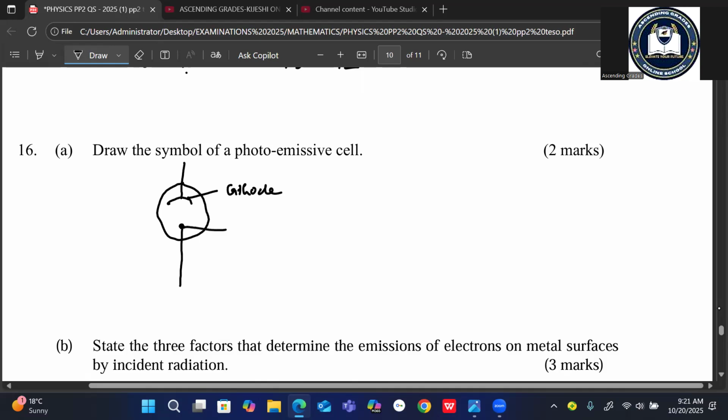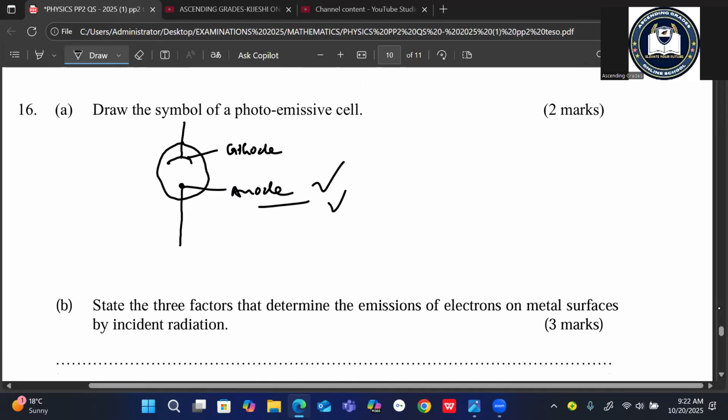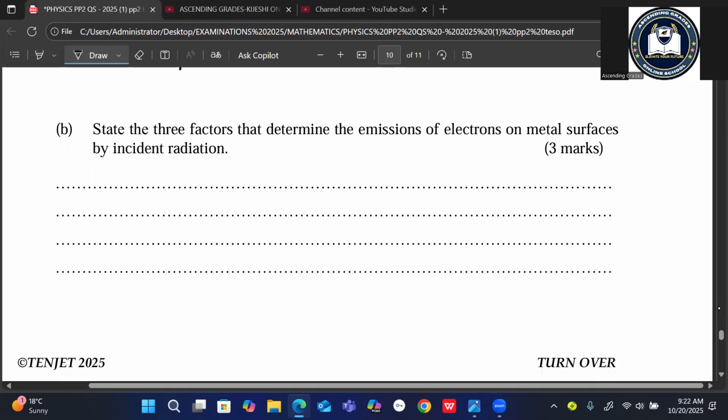This is the anode. State three factors that determine the emission of electrons on metal surfaces.